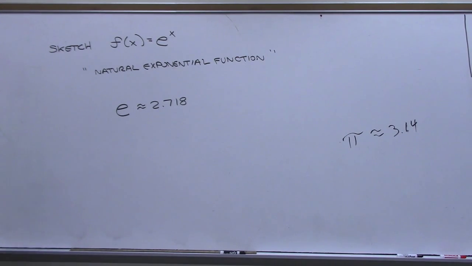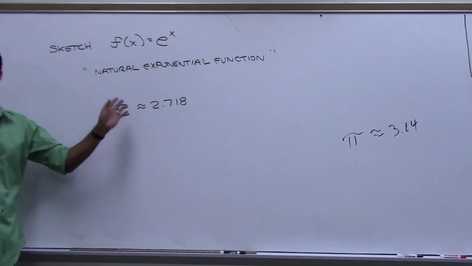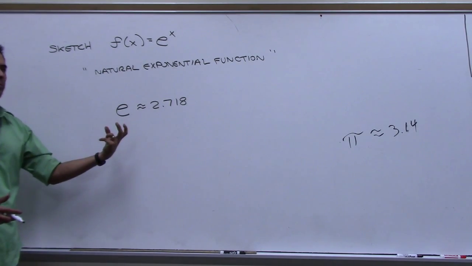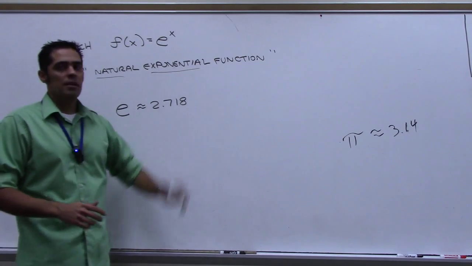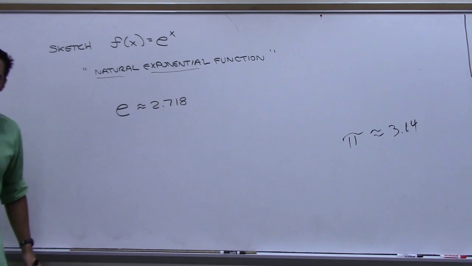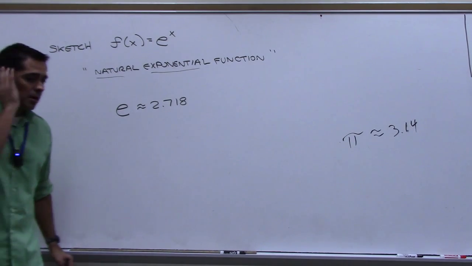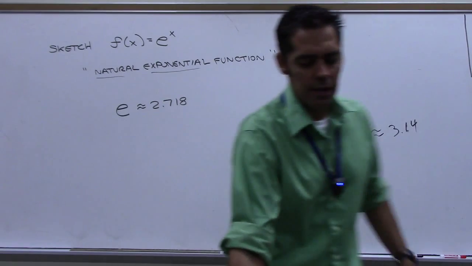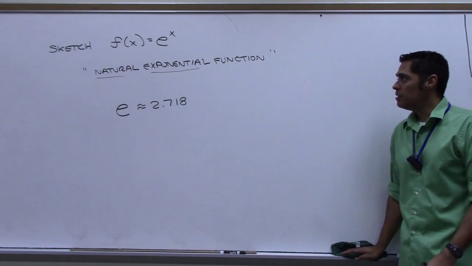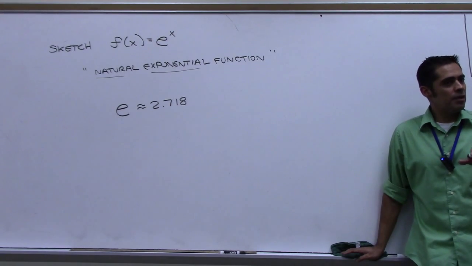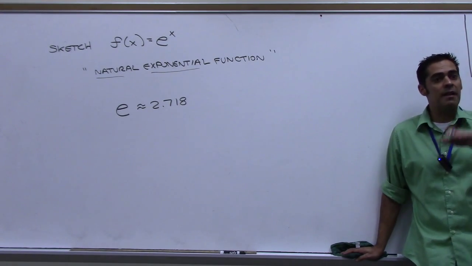And I think at this point, it's kind of difficult to explain to you why this number is so important, like why that comes up, why we call it the natural exponential function. You have to get into Cal 1 to actually see why it's a good number, why it's an important number. But I'll try and explain it in very layman's terms, I guess. We were looking for a function that behaved a certain way. And we were looking and looking, and we finally found it.